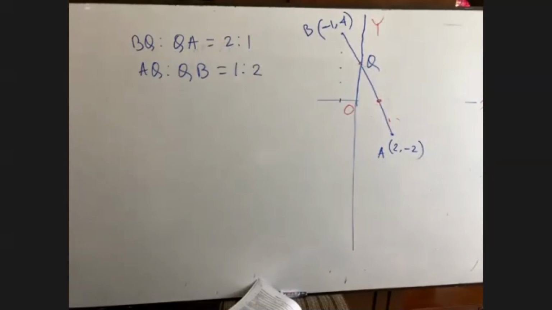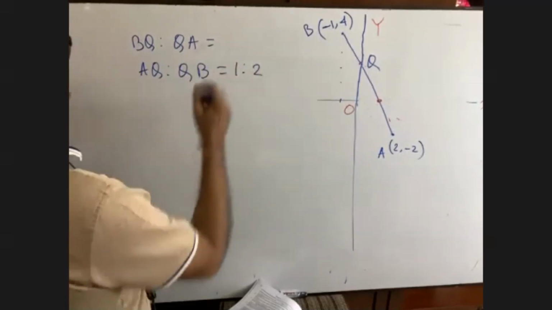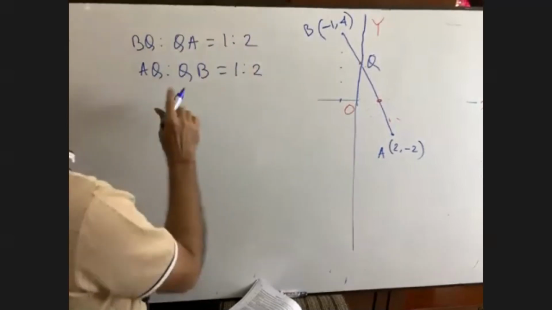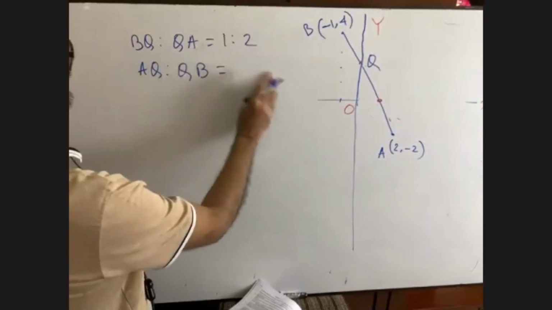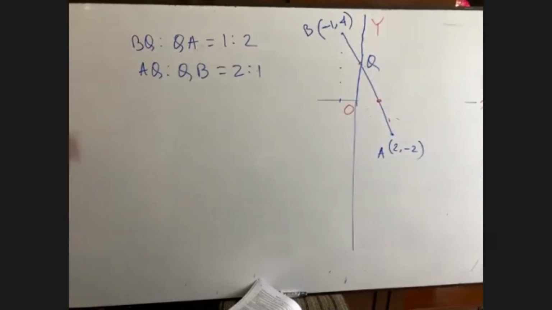Now let me know which one. These two indicate the same thing. Oh, I'm sorry, BQ is to QA is absolutely wrong. BQ is to AQ is 1 is to 2, I'm extremely sorry. Any of these two proofs is to be done.